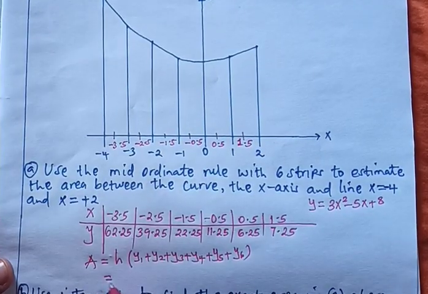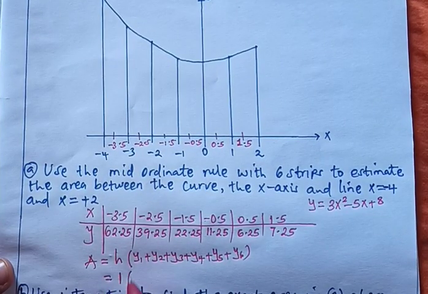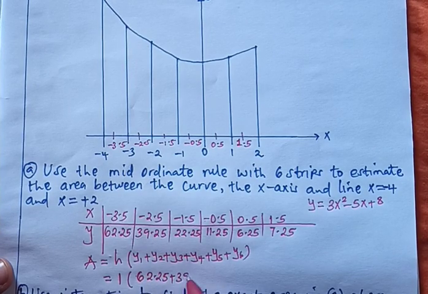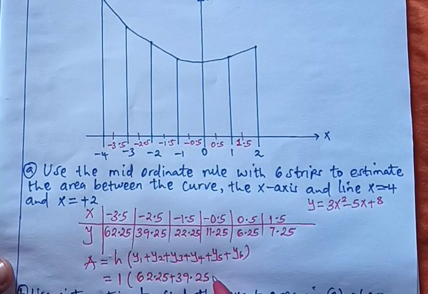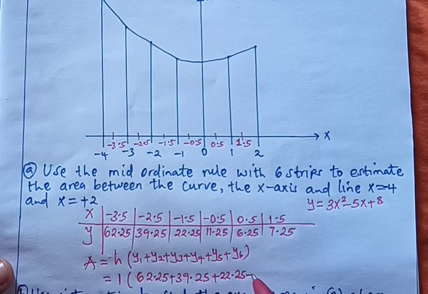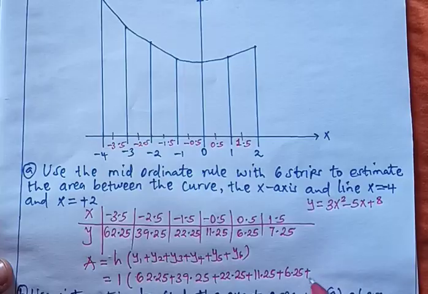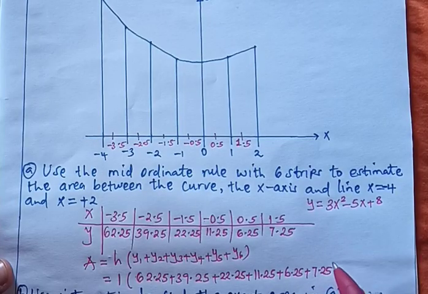Our height, like I told you, is 1, and then we multiply by the sum of the y values: 62.25 plus 39.25 plus 22.25 plus 11.25, then plus 6.25, and then 7.25.